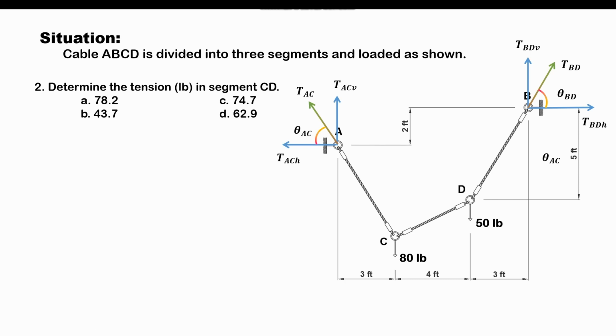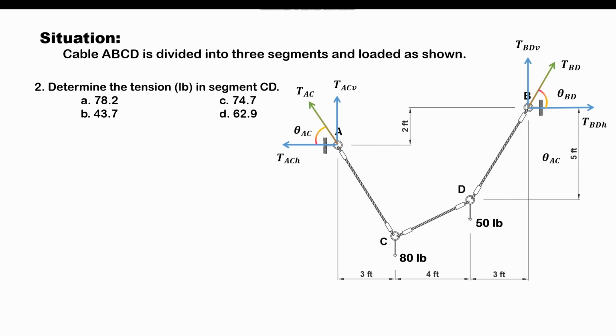So the points that we can preferably analyze in order to compute for the tension of that segment would be joints C and D. But the second primary consideration in choosing which joint to analyze would be the connected segments there. So if we are to analyze a joint, if the segments connected at that joint are not vertical or horizontal, technically the unknown segments at that joint shall be limited to one only.